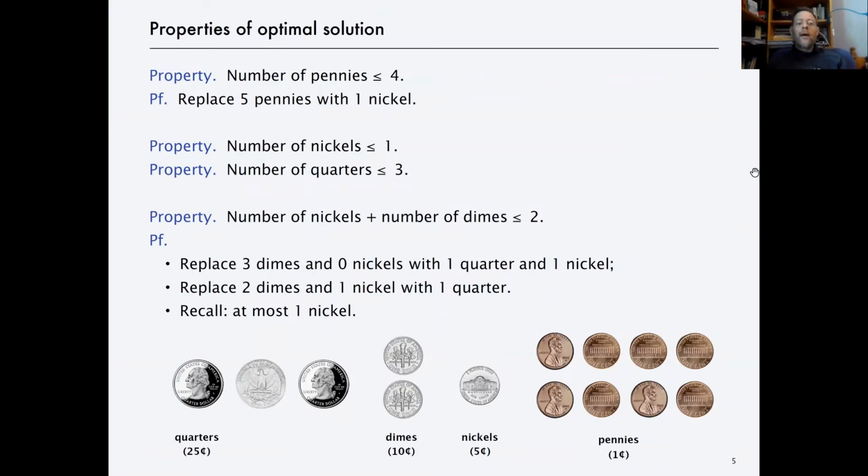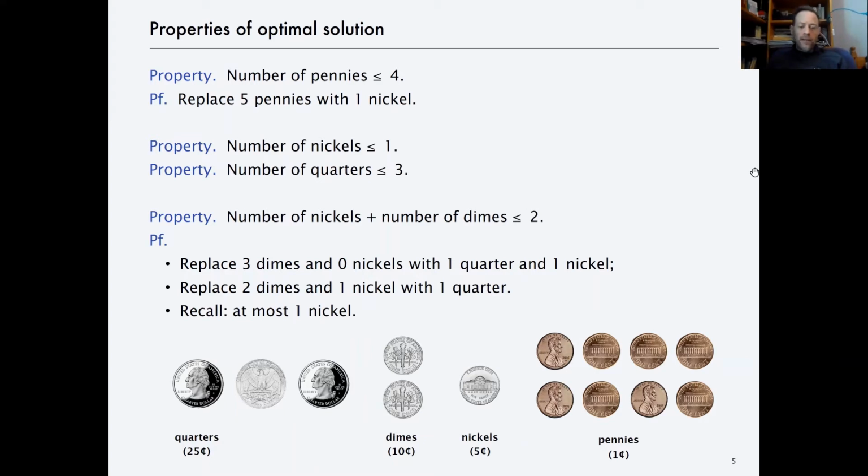Why? Basically, we can try something. For example, the number of pennies will always be less than or equal to 4. We know that's a property, because if there are 5 pennies, they will always be replaced by a nickel. Similarly, we can prove that there will always be at most 1 nickel and at most 3 quarters.